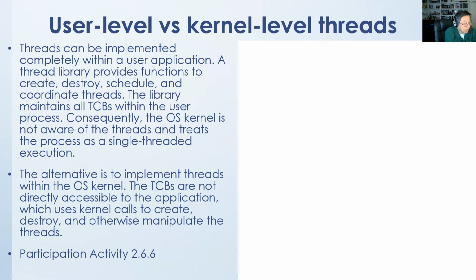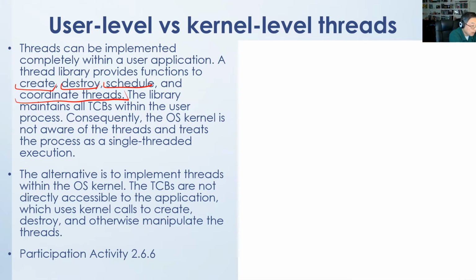So let's talk about the implementation of threads. A thread can be a user thread or a kernel thread. Threads can be implemented completely within the user application. In that case, a thread library provides functions to create, destroy, schedule, and coordinate threads.